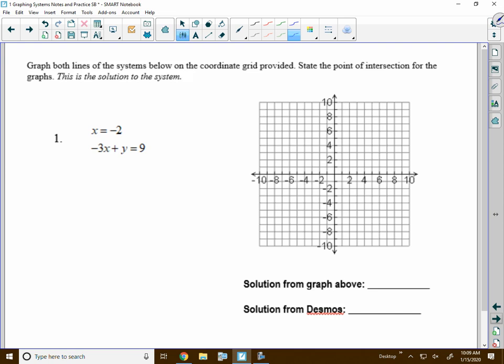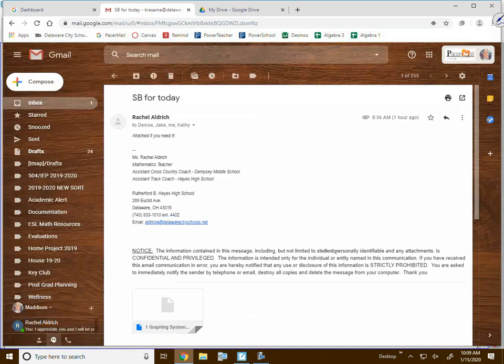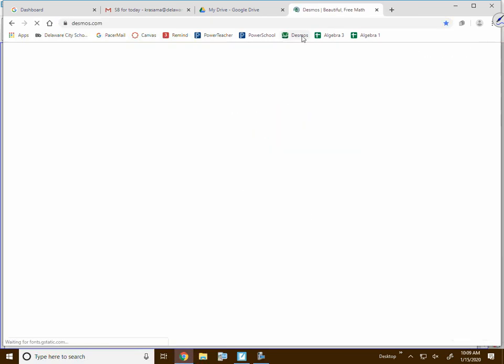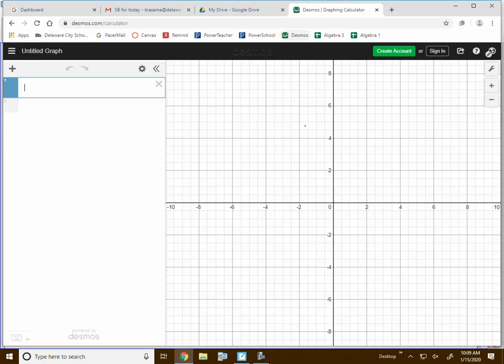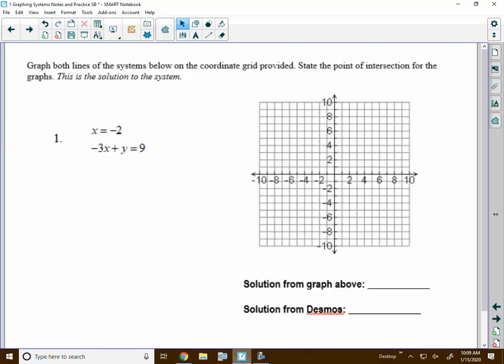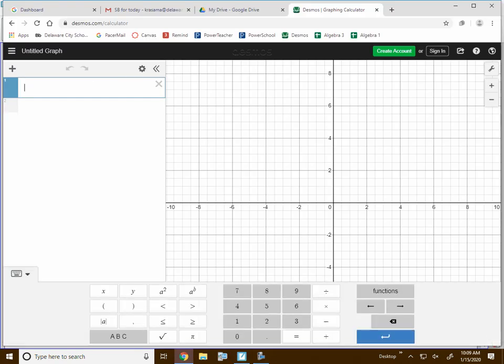Okay, we're going to use Desmos to help us. I'm going to pull up Desmos, and we're going to put in that first graph. The first equation is x equals -2, so I'm going to type that into my first line.